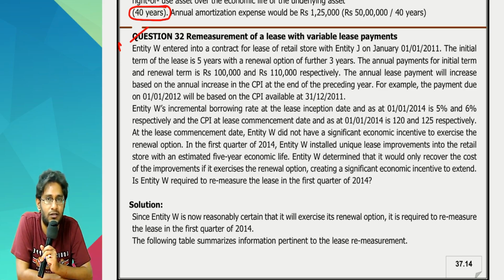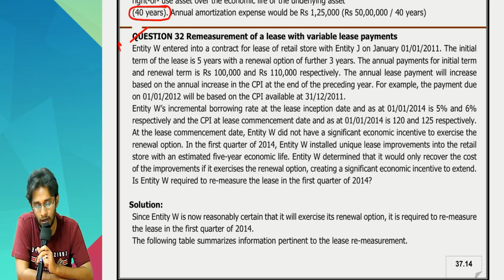In this line, secretly he is telling you something else. Lease payments are to be made at the beginning of the year. Otherwise, why would he use the term payment due on 1/1/2012? So every lease payment is to be made at the beginning of the year after considering the index determined on the previous day.